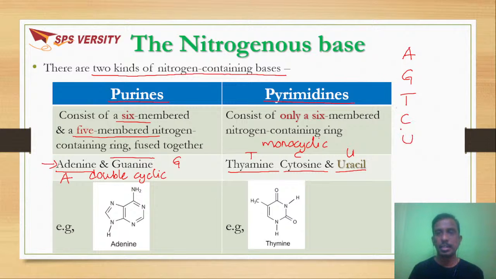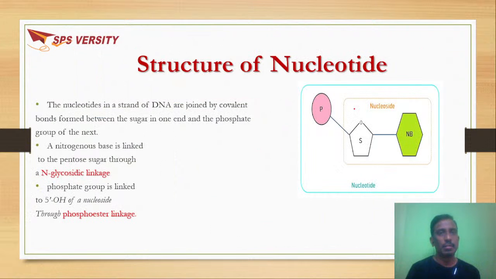A, G, T, C. A and G come under purines. T, C, U, that is thymine, cytosine, uracil, they come under pyrimidines. So finally, there are 5 types of nitrogenous bases. So these 5 types of nitrogenous bases will form a nucleotide.